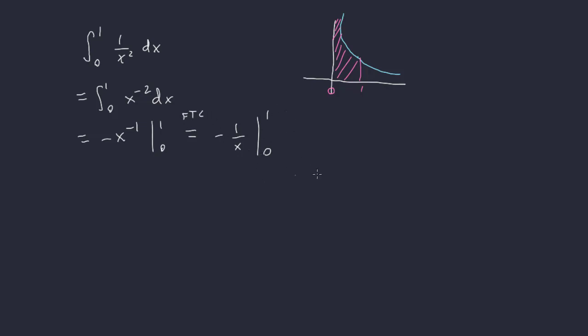Now, here's where we run into the problem, is we can't plug 0 directly into here because we get division by 0. Okay? However, if we were to just do that, so if we plugged in the 1, then minus the negative 1 over 0, well, that's of course undefined.